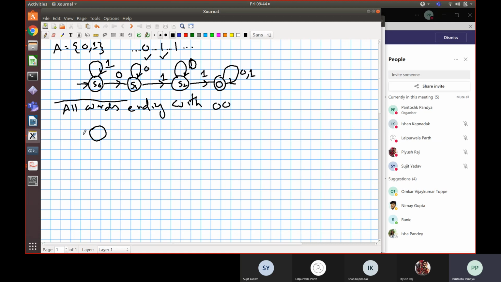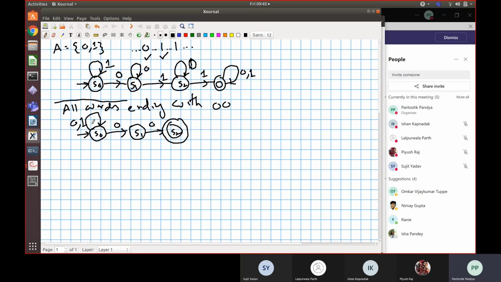What would be an NFA recognizing this? You'll have state S0. You guess that now 0, 0 is going to come. So you go to S1. On another 0, you go to S2. And this is the final state. And nothing should come here. And before that, we can skip arbitrarily 0 or 1 non-deterministically.